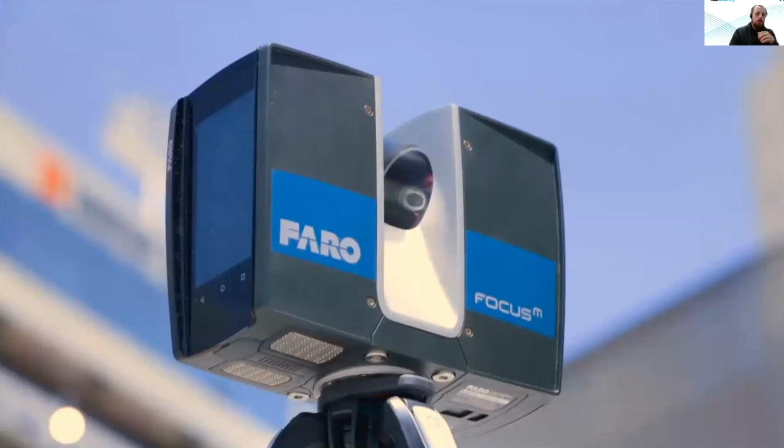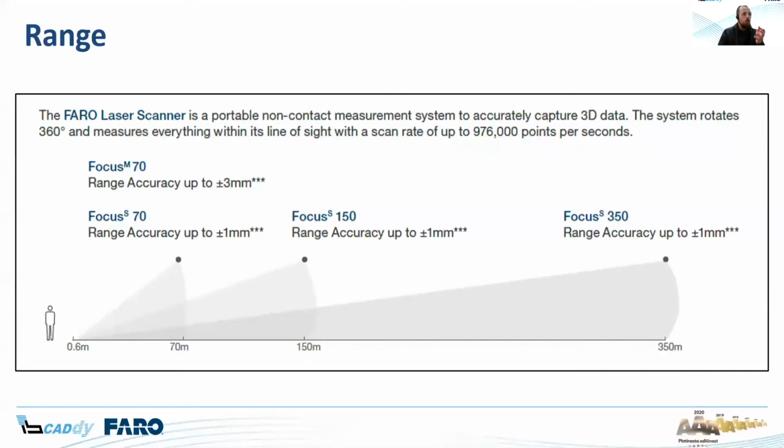But as you said, it's stationary, which is not, let's say, bad. It's actually really good, because if we are scanning stationary, we can have a different range of scanning with really good accuracy. And here we have different ranges, which are also the names of the different variations of the FARO Focus: S70, S150, and S350.